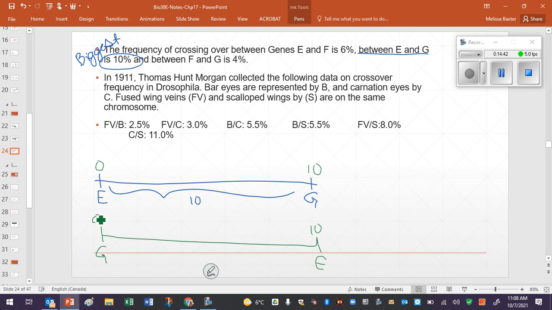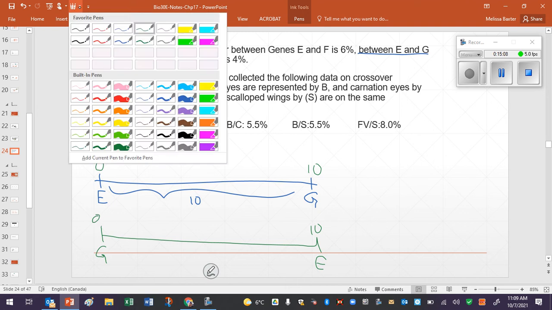It's the same response. What we're trying to do is figure out relative to each other where these genes are on chromosomes. And if that's the case, it usually means that there's potentially more than one correct answer for the order of the genes on the chromosome. Now I've placed E and G on the ends because they had the biggest frequency between them. Now I'm going to consider the other data.